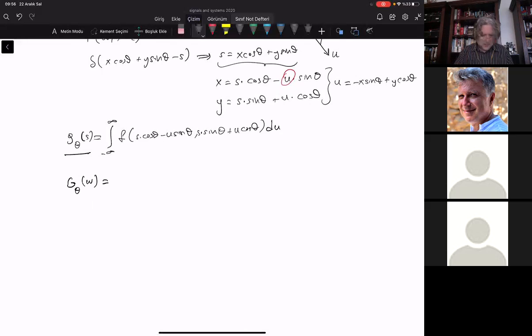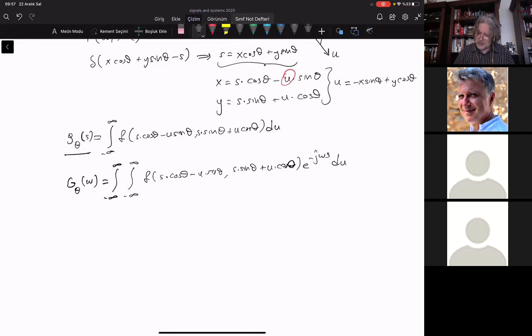And it will become an integration due to the Fourier transform and the integration which we already had one line above it, and f of s times cosine theta, I have to repeat it once again, minus u times sine theta and s times sine theta plus u times cosine theta, and e to the minus j omega s. This is the Fourier transform.